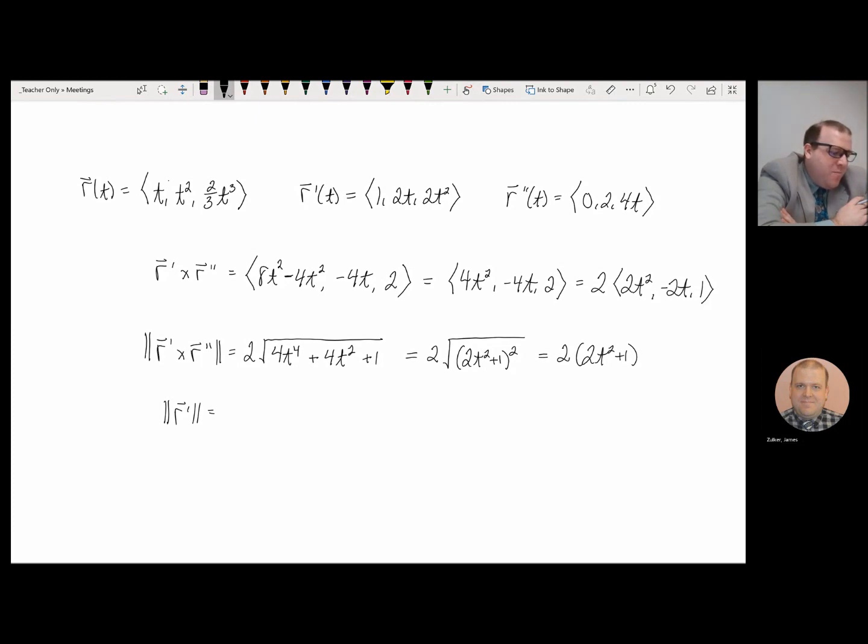Magnitude of r prime. Oh, well, look at that. Isn't it the same, with the exception of the 2?